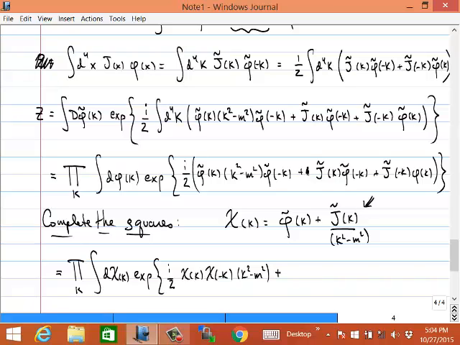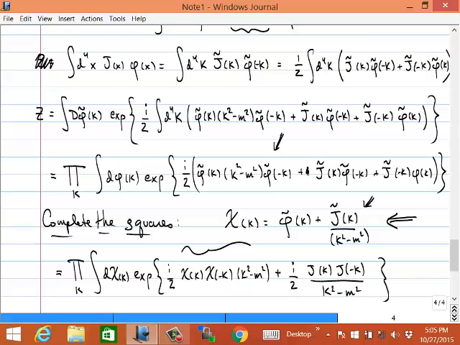But I do that at the price of introducing another term here, which is j of k, j of minus k over k squared minus m squared. If you just plugged this expression for chi into this expression up here, you would get this term right here from the term proportional to chi squared.